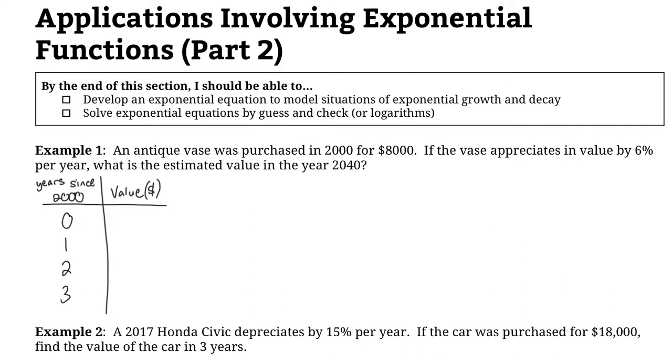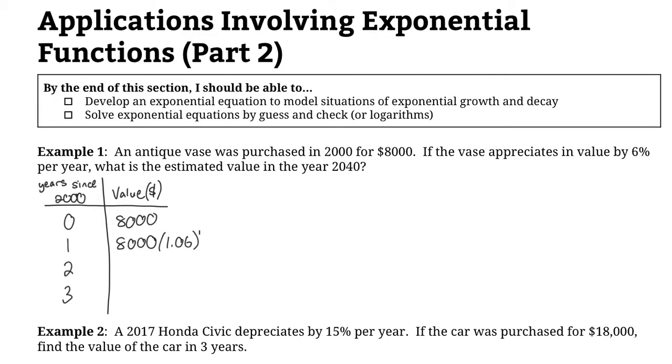So year 0 would be the year 2000, year 1 would be 2001, year 2 would be 2002, and year 3 would be 2003. And in year 0, when the vase is purchased, this is $8,000. In year 1, this is $8,000, and we would be taking our price and not just multiplying it by 0.06 for the 6%, we would be including our $8,000. So we would be multiplying by 1.06.